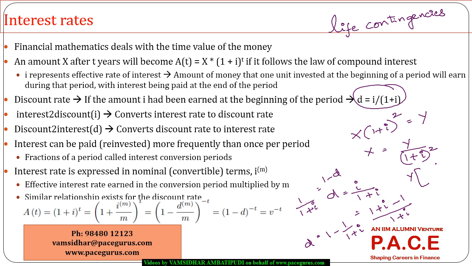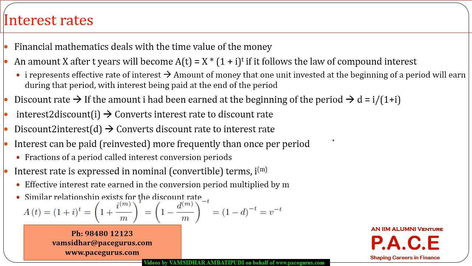So 1 by 1 plus i squared is nothing but 1 minus d squared. So I could convert one into the other by having a basic understanding of the concepts. So we have converted interest rate into a discount rate into an interest rate quite comfortably. That's the first part of understanding.